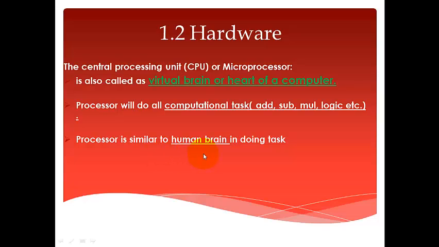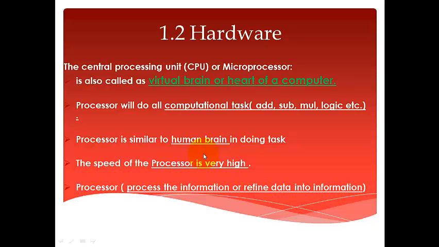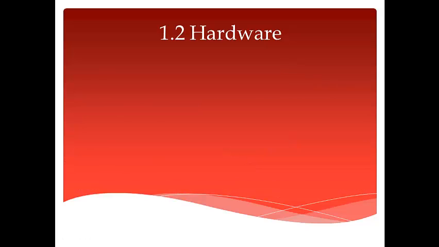Our human brain does all the tasks, and all other parts carry the information to the brain. The brain works based on instructions or data. The speed of the processor is very high. The processor is used to process information, or to refine data into information.